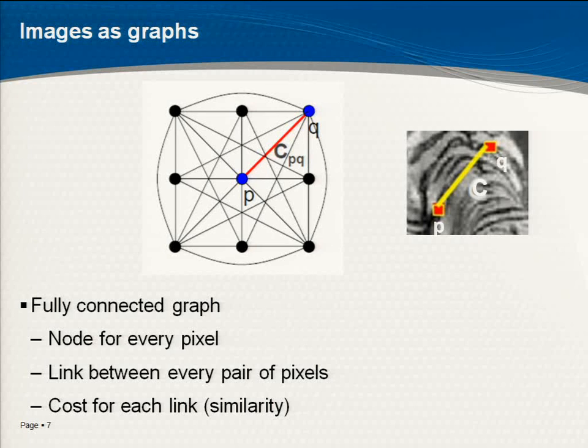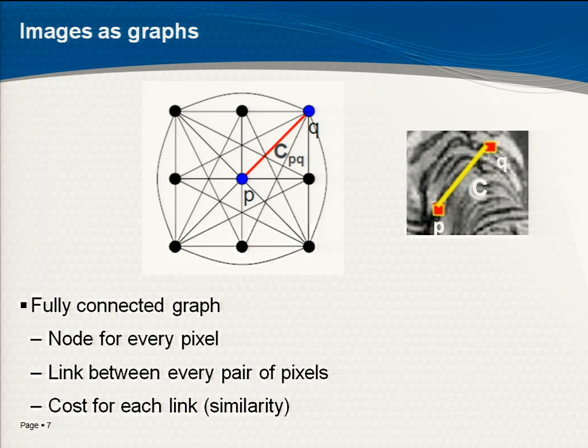So all images are represented generally as graphs. If we have pixels p and q, and similarity between these two is represented as a cost function. It can be color difference and also spatial difference. So we represent the graph as a fully connected graph.